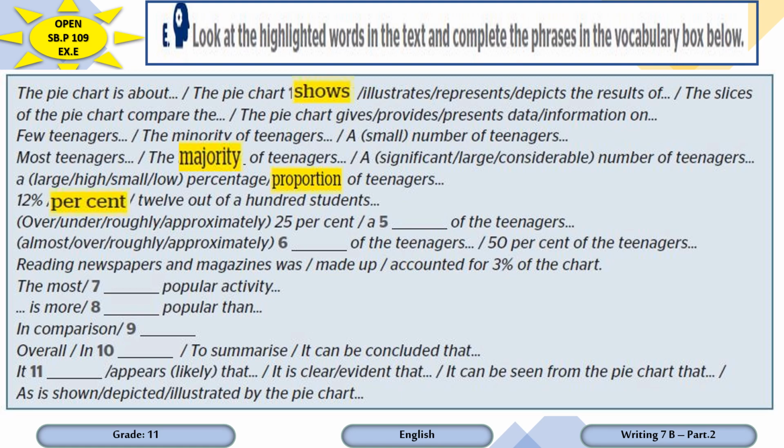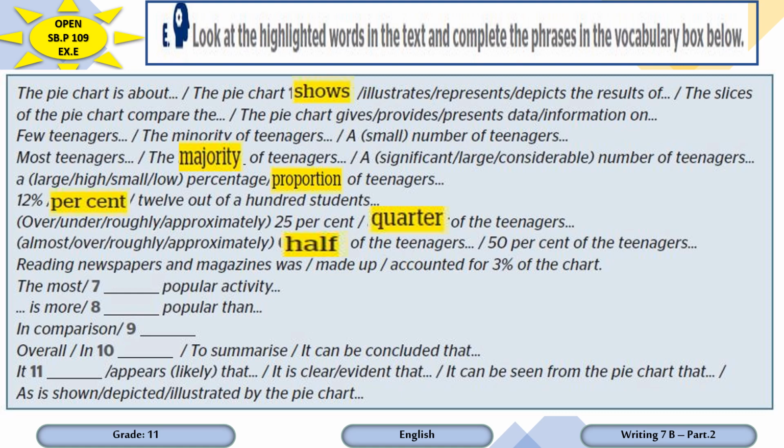Excellent. Number five, 25%, a quota, excellent, of the teenagers. Excellent. Half of the teenagers, because after that we have 50%. So 50% means half of the teenagers. Excellent.